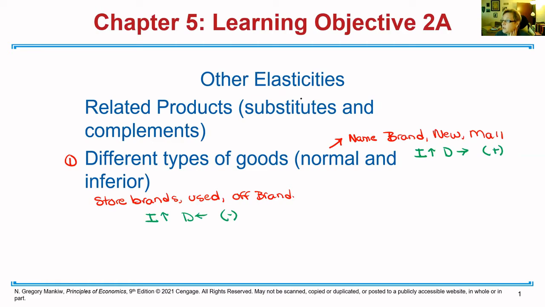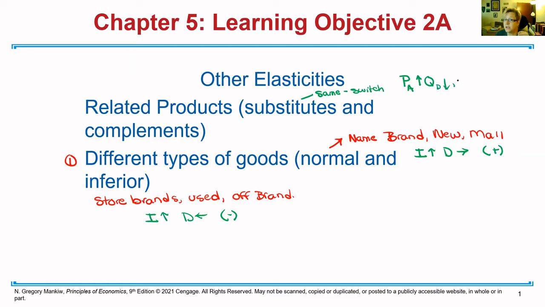Okay, now also we talked about the difference between substitutes and complements. Remember, substitutes were basically the same type of good where you didn't see a whole lot of difference in the utility or want satisfying power of that good or that service. So they're kind of the same. You can switch between them very easily as a consumer. And remember, we said that as the price of good A increased, the quantity demanded decreases, all else held constant.